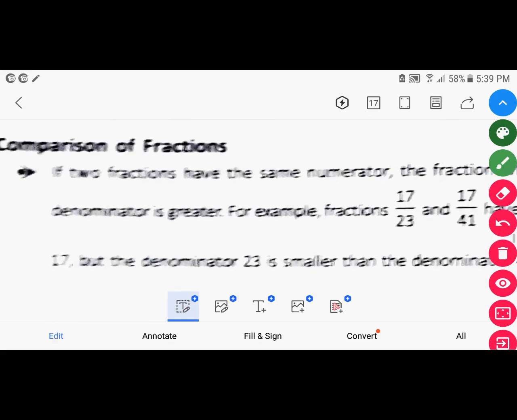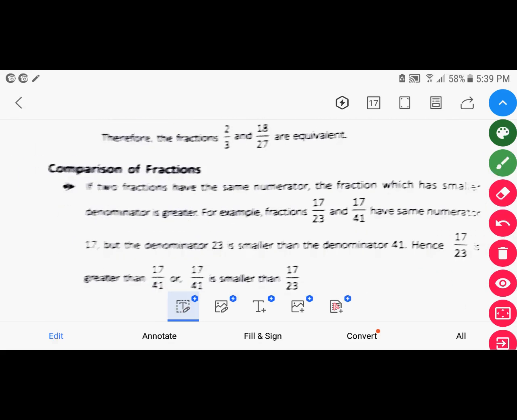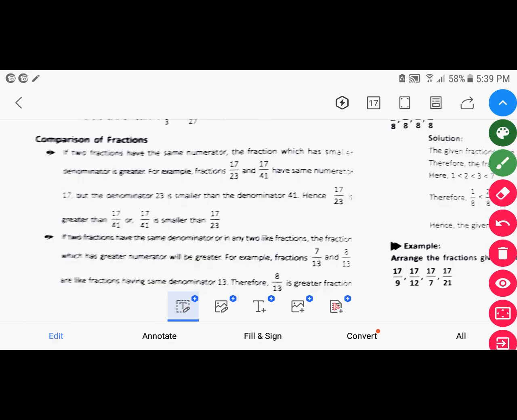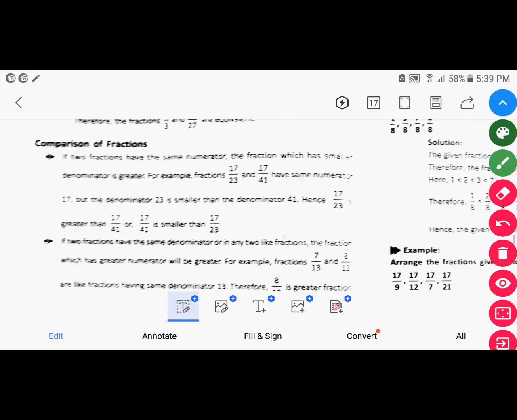Now how will you compare between the fractions? Which fraction is greater, which fraction is smaller, how can you say? If the fractions have same numerator, then the fraction which has smaller denominator is greater.